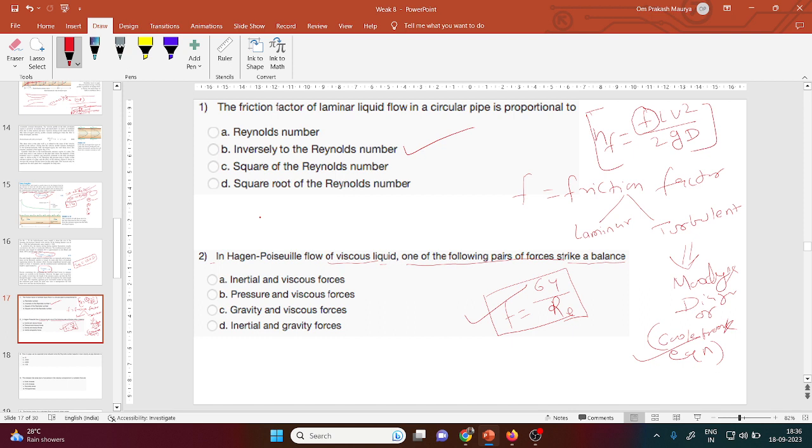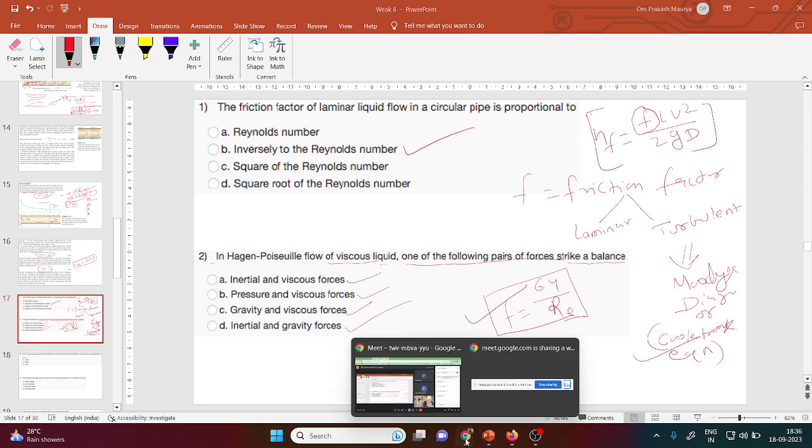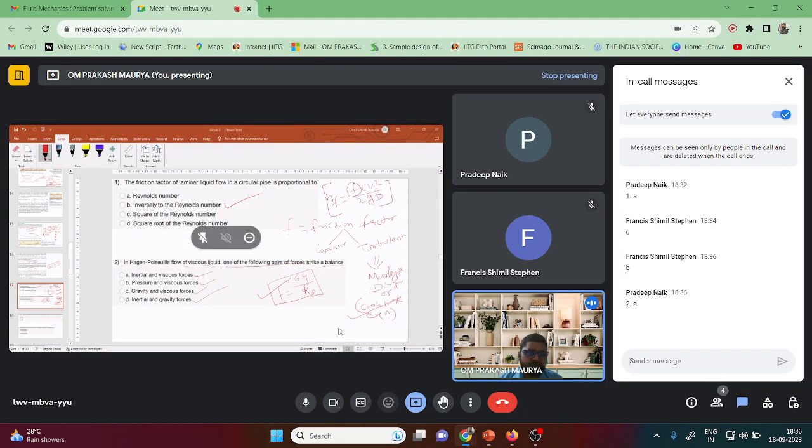The options are: option A, inertia and viscous force; option B, pressure and viscous force; option C, gravity and viscous force; option D, inertia and gravity force. Which one is correct?